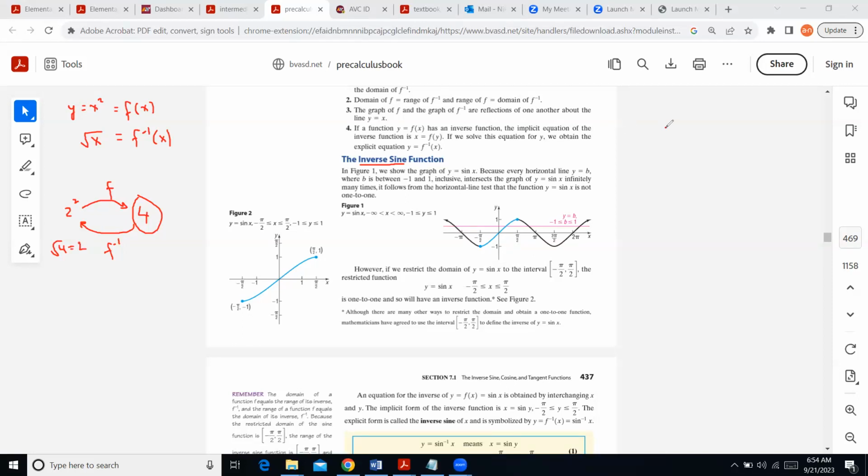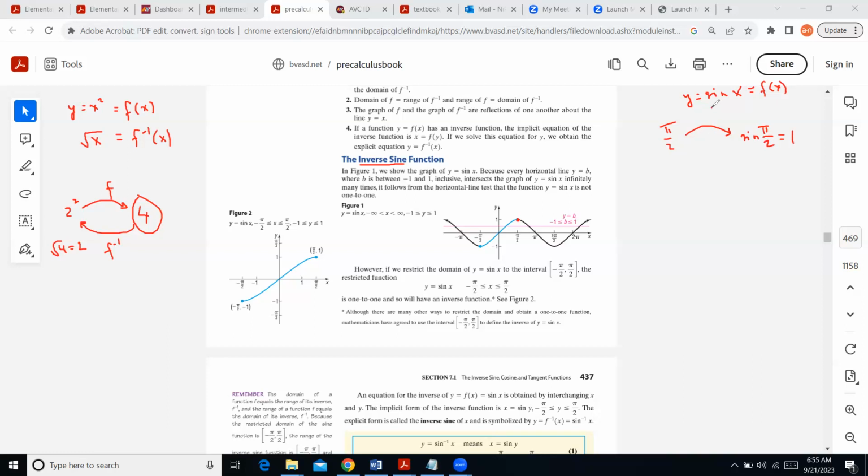Analogous to the function sine of x. So if I take, let's say, the point pi over 2 and apply the function sine to it, so you call it function f of x, then I'm going to get sine of pi over 2, which is equal to the number 1.